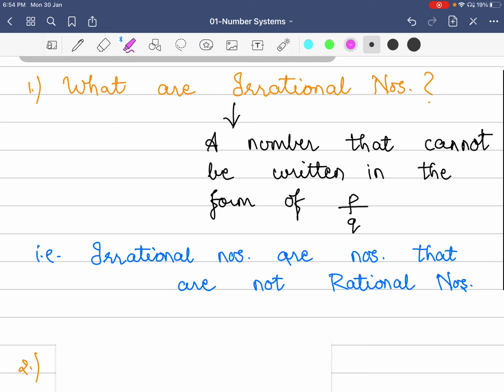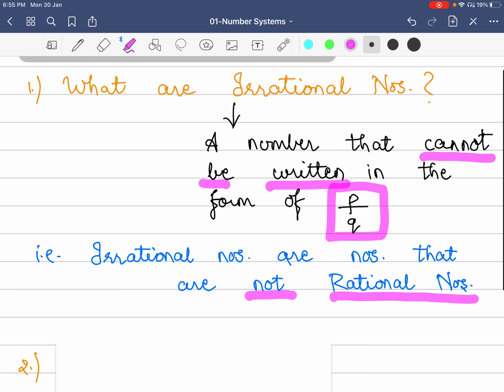Quite a simple and straightforward definition. Basically, these are numbers which are not rational numbers. What does that mean? It cannot be written in the form of P by Q. As simple as that. That's the definition of an irrational number. It is not a rational number. It cannot be written in this form of P by Q.